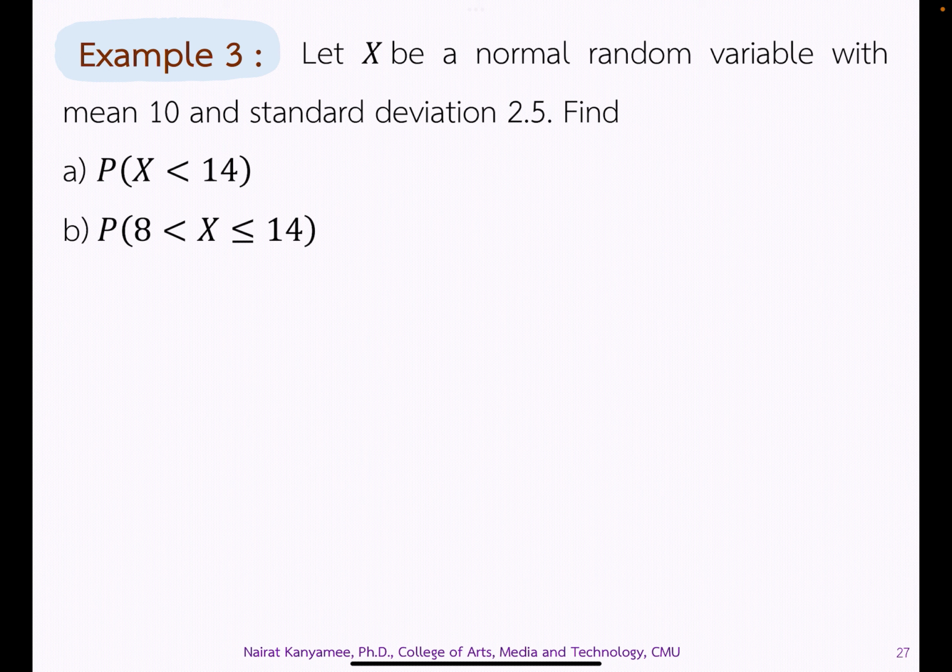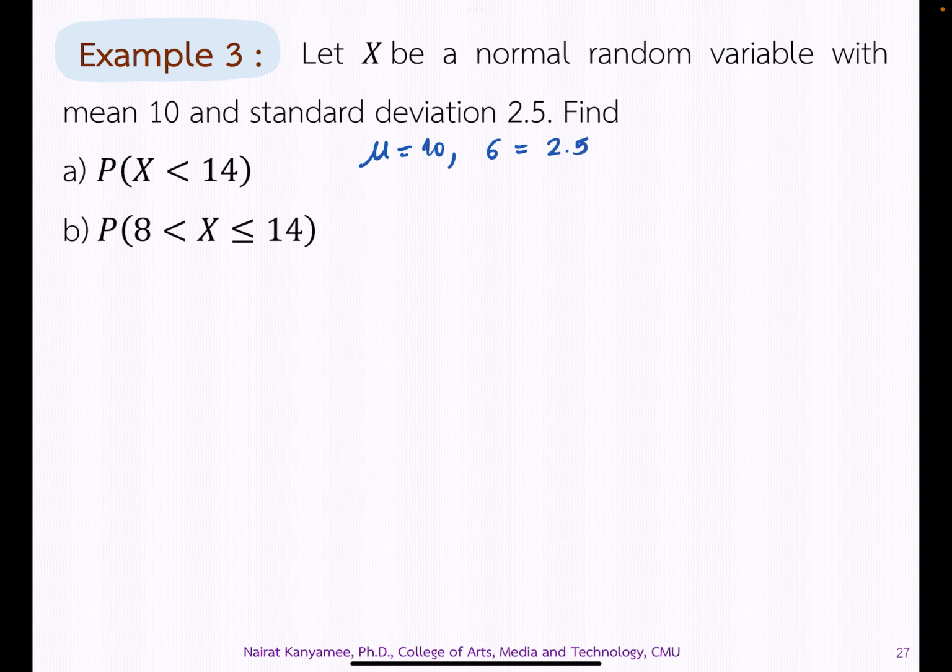In this problem we need to find P of X less than 14. It is not Z anymore, not a standard normal random variable. In this case, mu is 10, and sigma is 2.5.